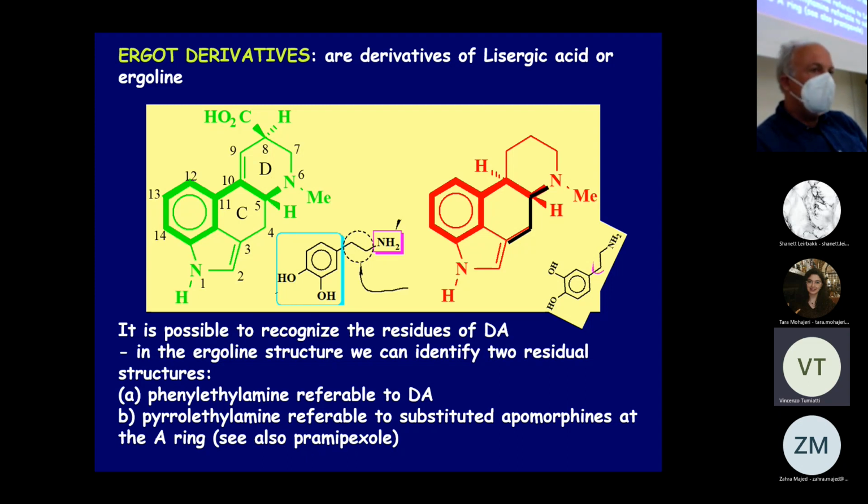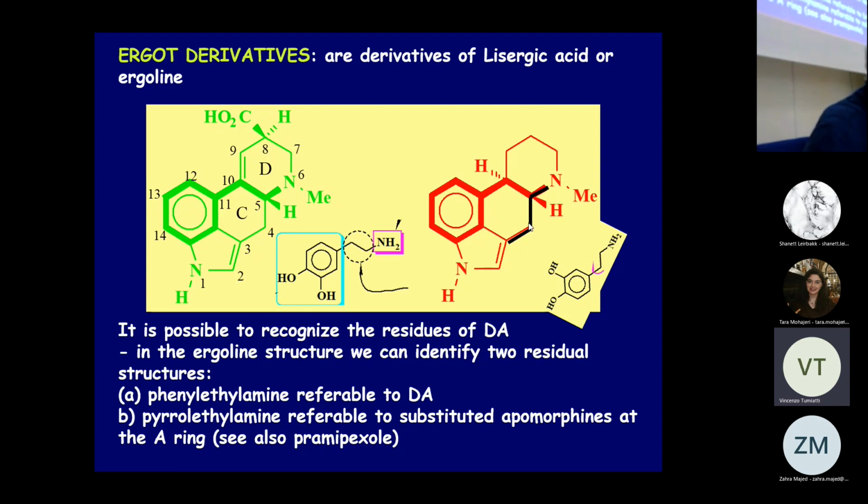But the question is, how many of these active conformers are present inside the chemical structure of the ergot derivatives? Here you can see the first one, but on your left in black, you can see also a second possibility.